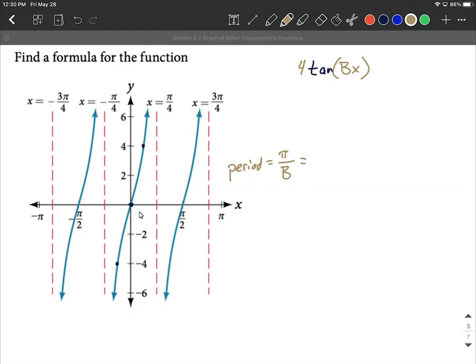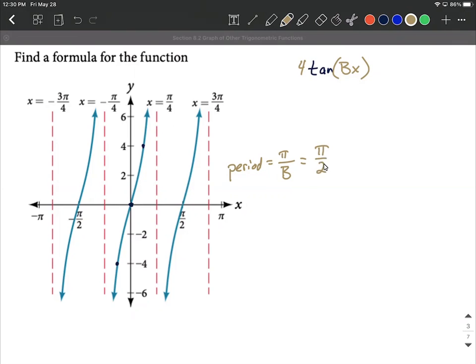Based on our graph, the period goes from -pi over 4 to +pi over 4. So that's pi over 4 on each side here, and we add those together. If you take 1/4 of a pi and add another 1/4 of a pi, we get 1/2 of a pi, or pi over 2.